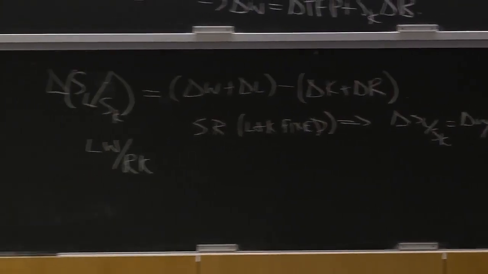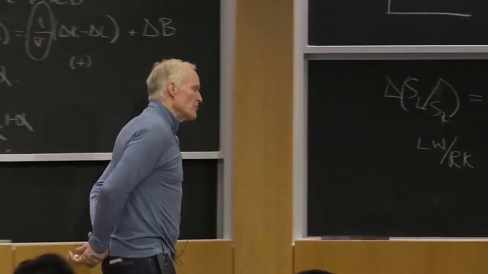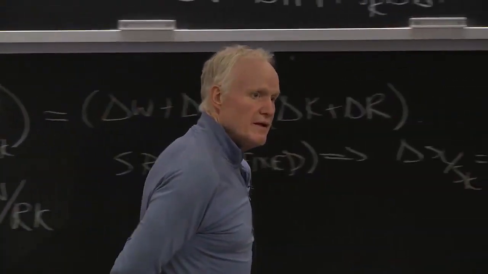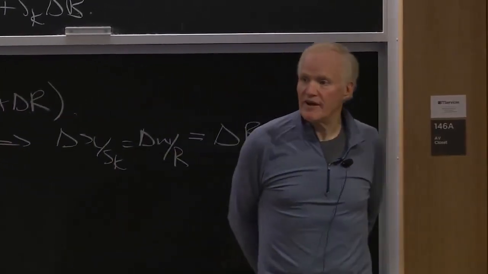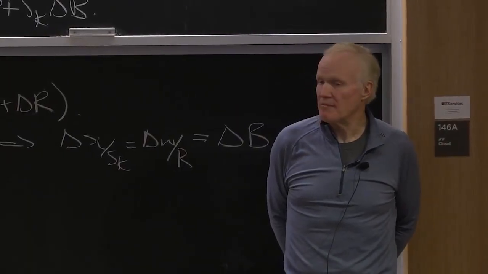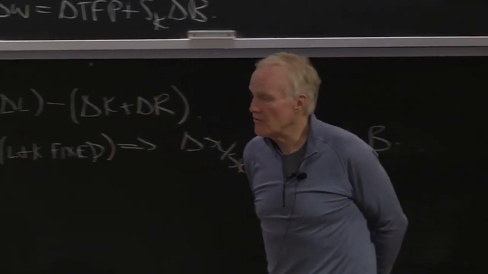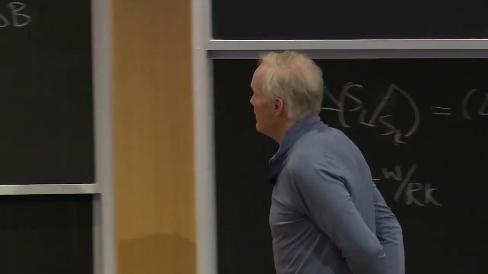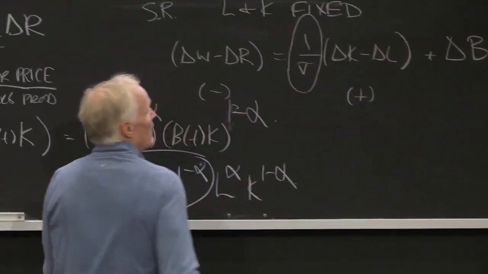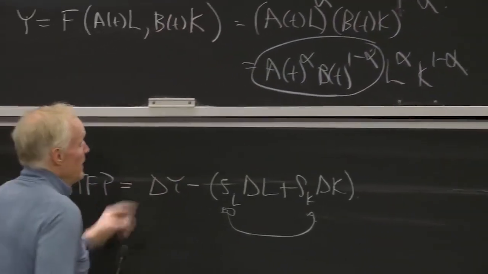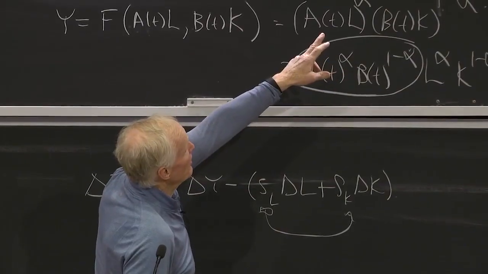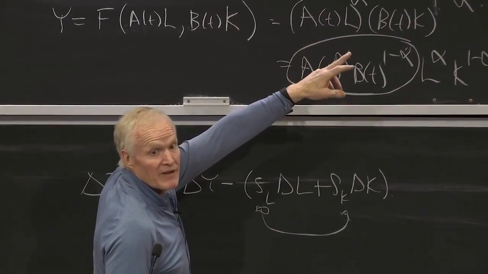So you might think that that would be one force that would drive. Okay? That is holding those fixed. What about over the longer term? What would it be equal to over the longer term? Well, it would be delta W minus delta R plus delta L minus delta K, right?